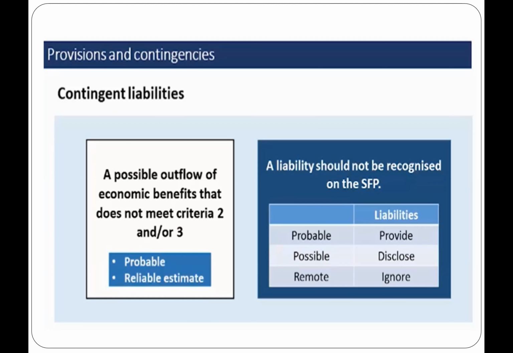But if it is possible, it means the probability is 50% or lower. Now, if we have realized that it does not meet one of the 3 conditions, condition number 2 or condition number 3, we then need to just put a note in the financial statements to explain the issue to the users of the financial statements.